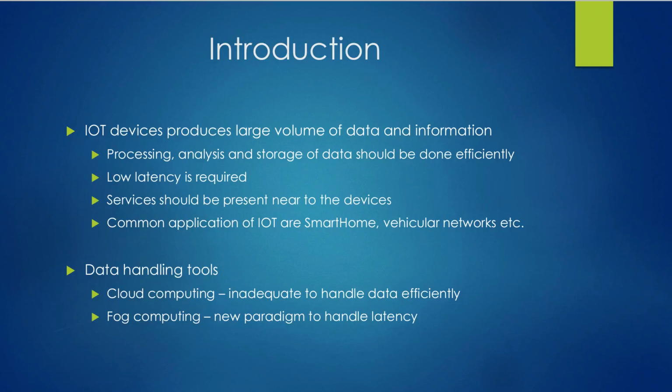There are some applications like healthcare services and vehicle networks that require very low latency. So to provide low latency, the services should be present near to the device. The common applications of the IoT are smart home, as already discussed in the example, vehicular networks, video streaming, gaming, health services, smart cities, and many more.